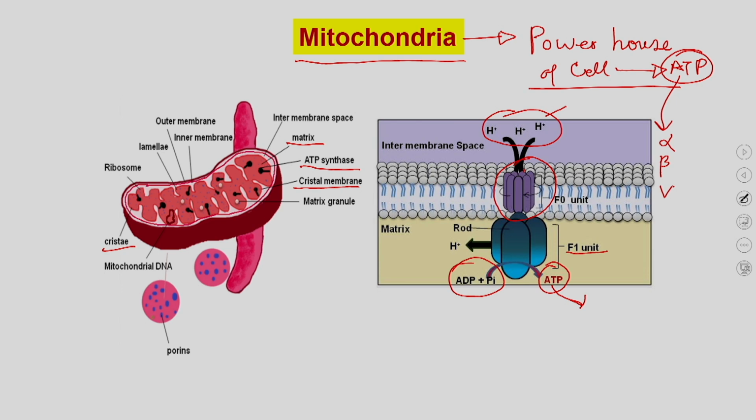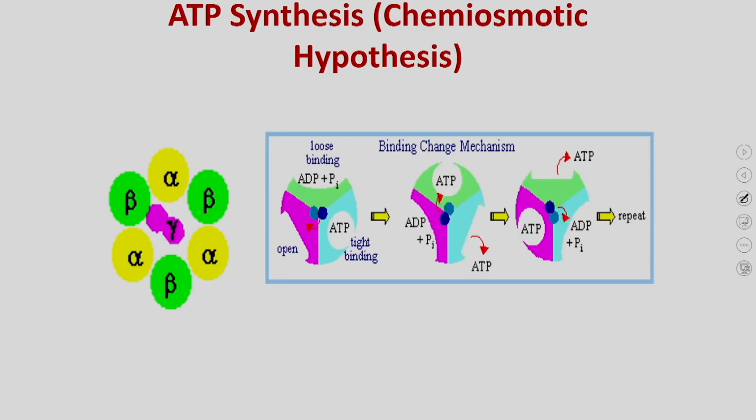Let us see how it happened. ATP synthase is a membrane bound enzyme or enzyme complex. It mostly has two subunits or two components. The component number 1 or A is called FO, and the component number B is called F1.